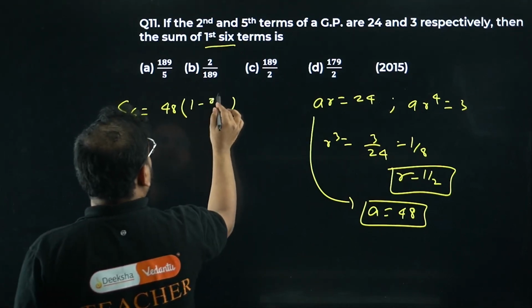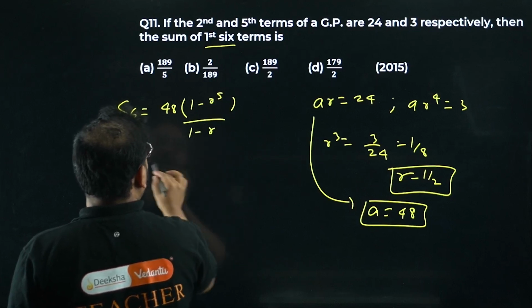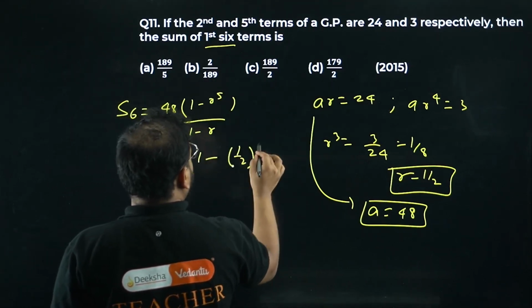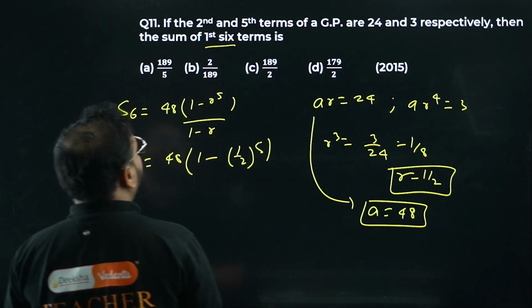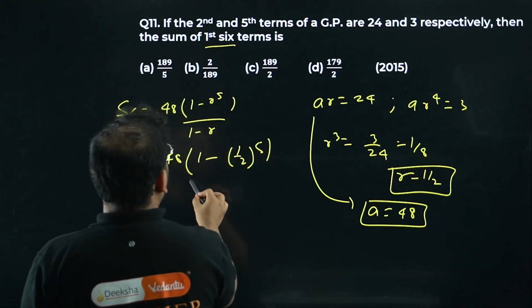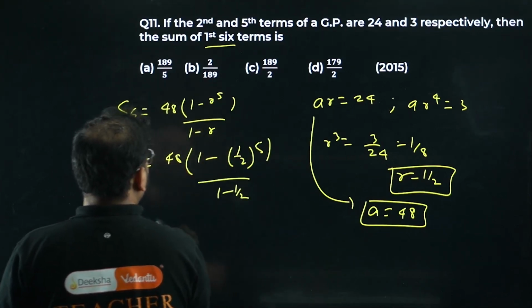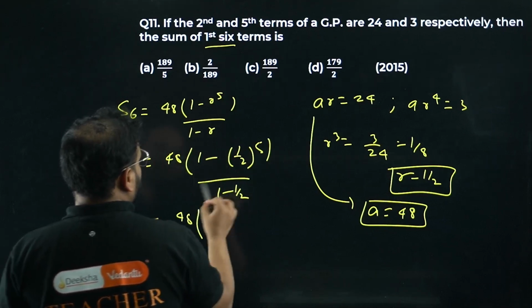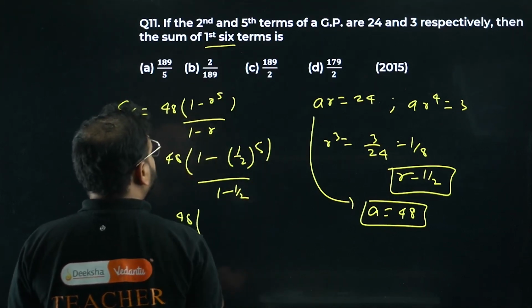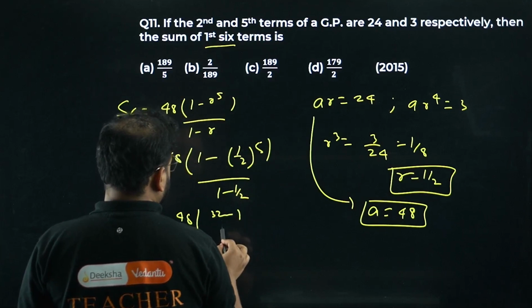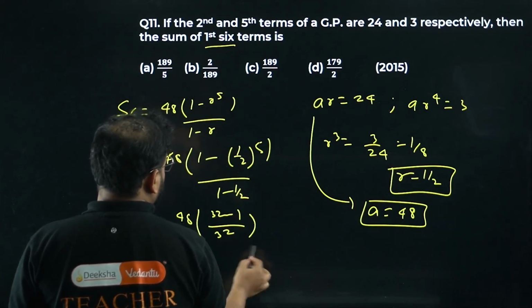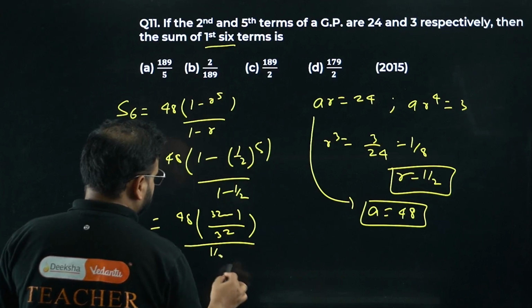1 minus r power 5 upon 1 minus r, we have 48 into 1 minus 1 by 2 power 5, divided by 1 minus 1 by 2. How much do I get? I can write this as 48 times, 2 power 5 is 32, so 32 minus 1 upon 32, divided by 1 by 2.